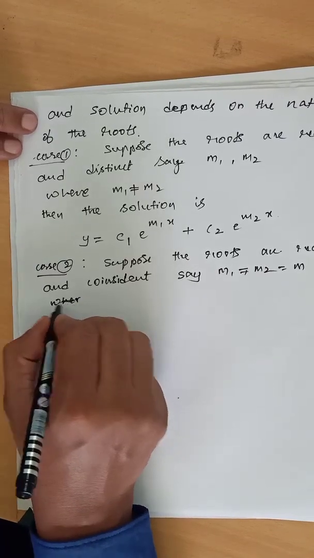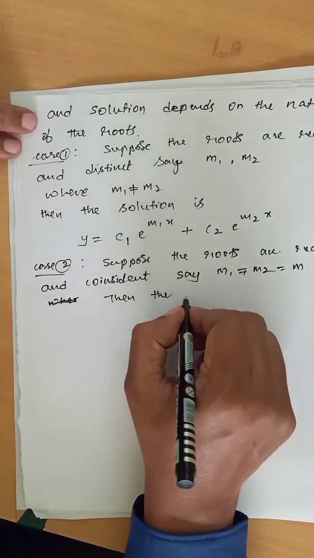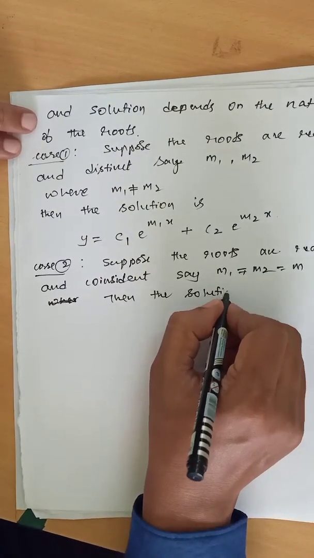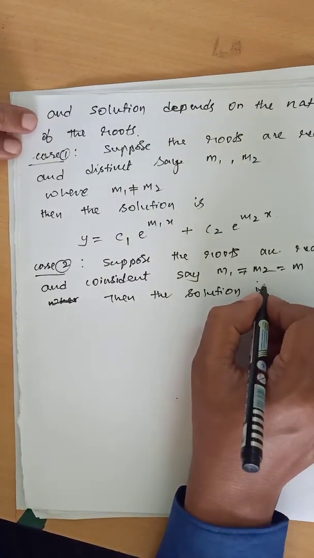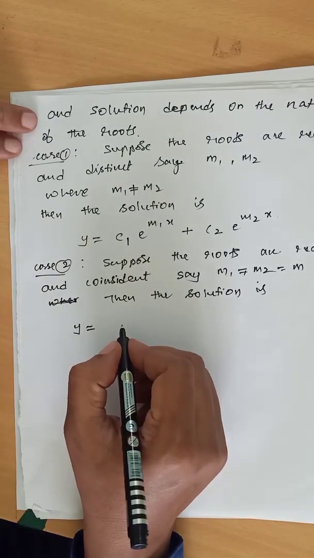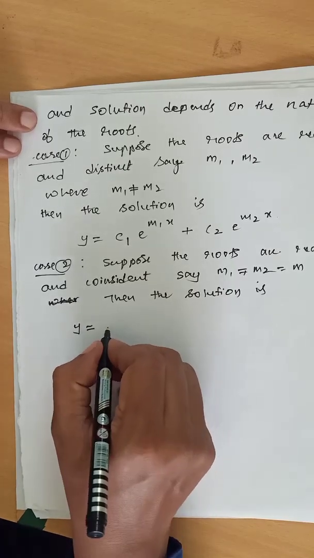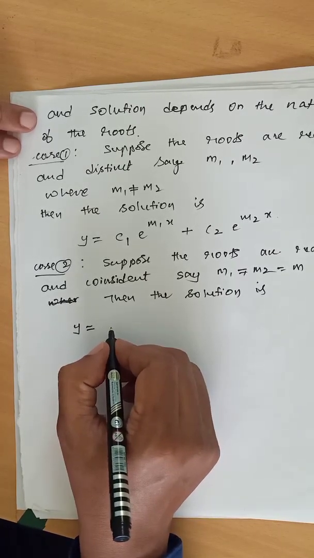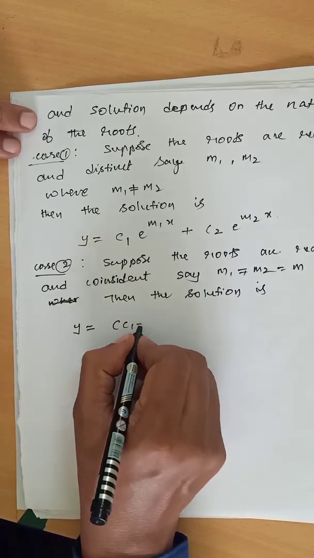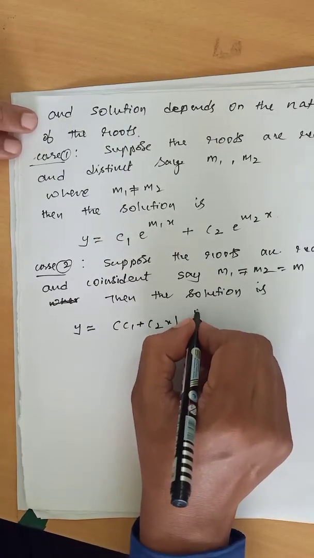Then the solution is y is equal to (c1 plus c2x) into e power mx.